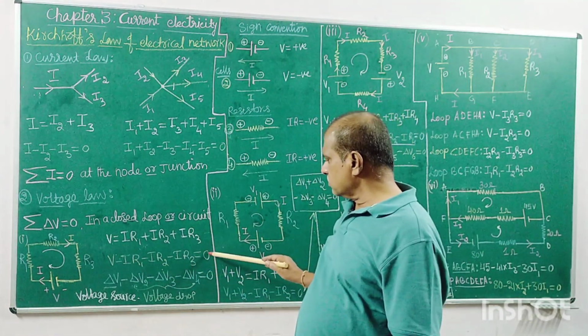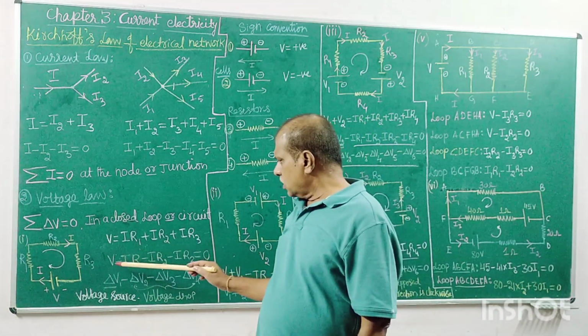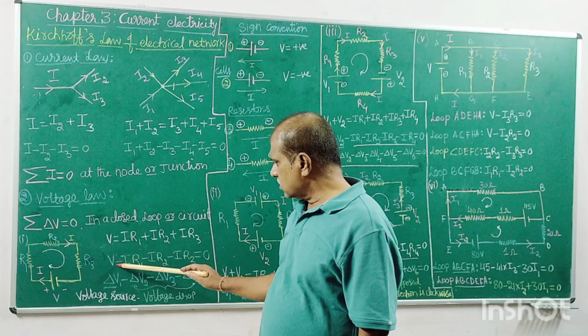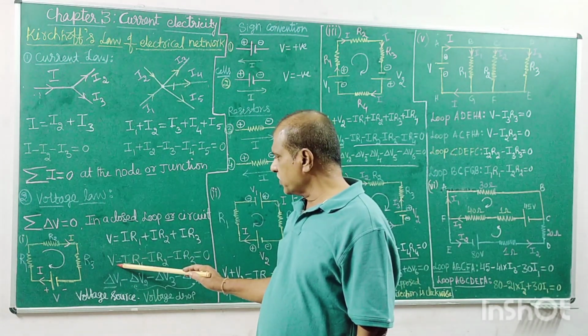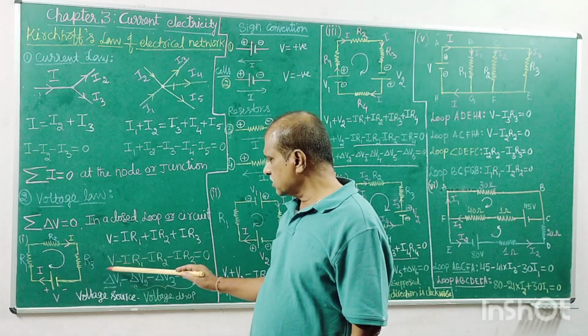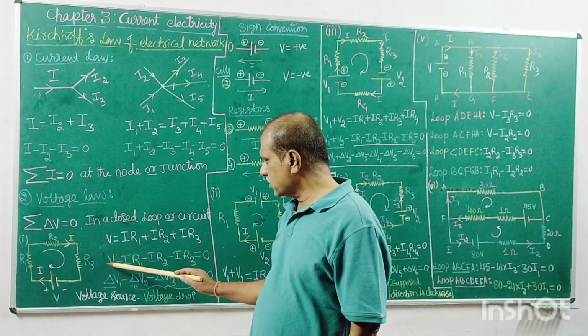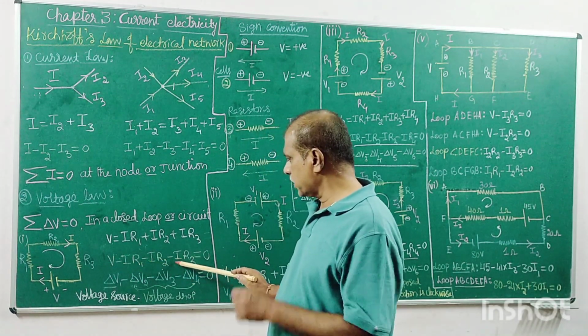In this equation, each voltage change will take a sign convention. These are voltage changes, that is, potential differences. Take this positive, this negative, this negative, this negative.